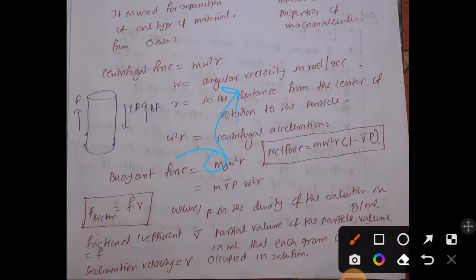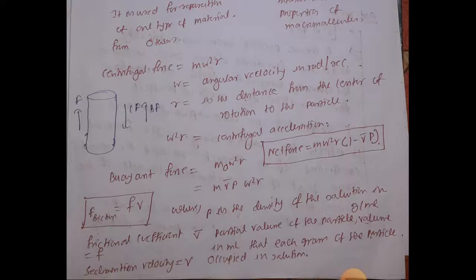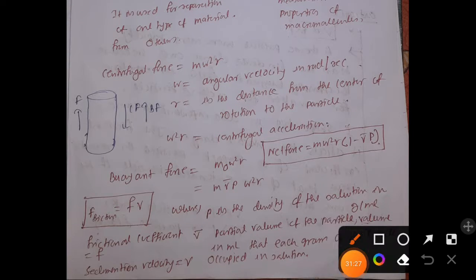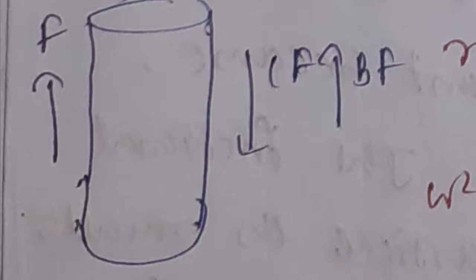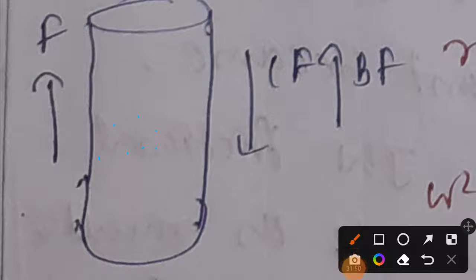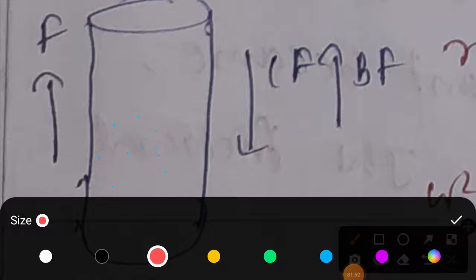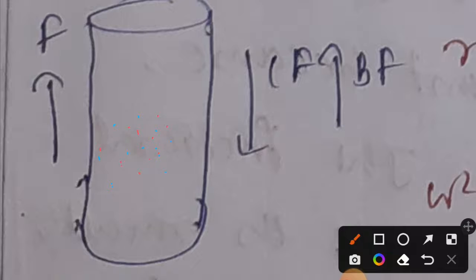So what is the meaning of displacing? Suppose this is your tube and here is the solvent, and here is our solute in the solvent. If I zoom that picture, I think you can visualize it.